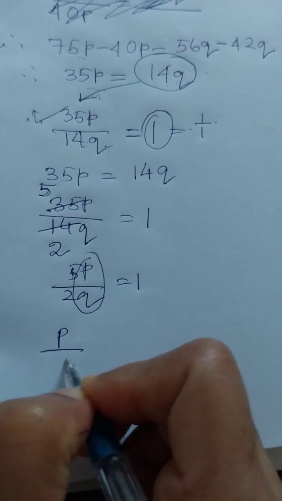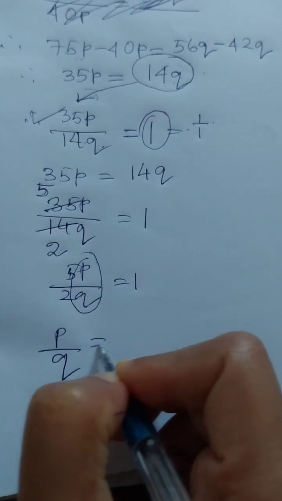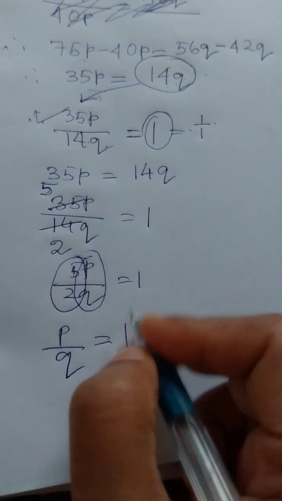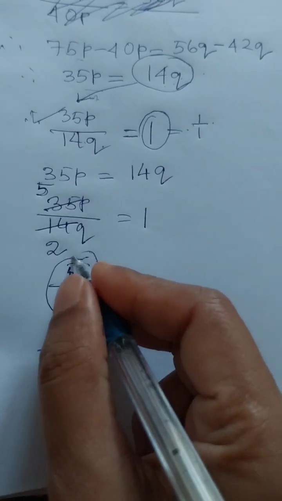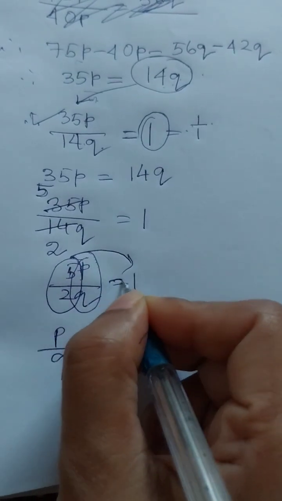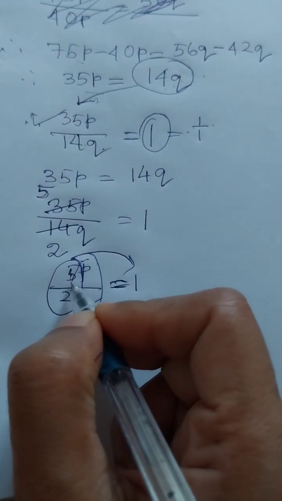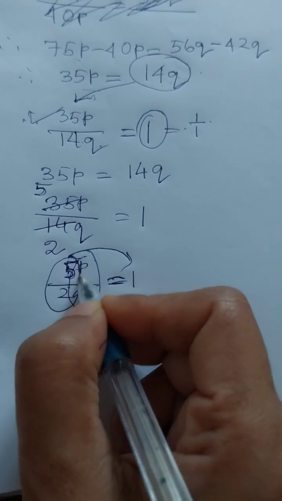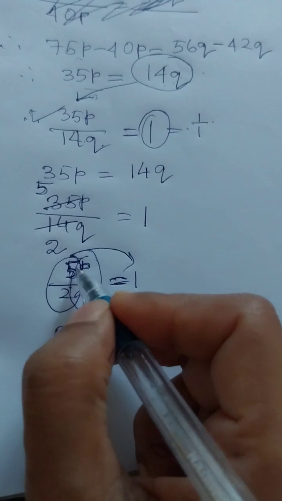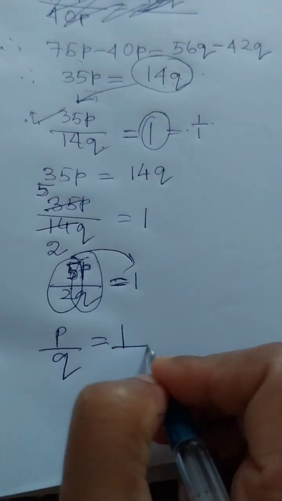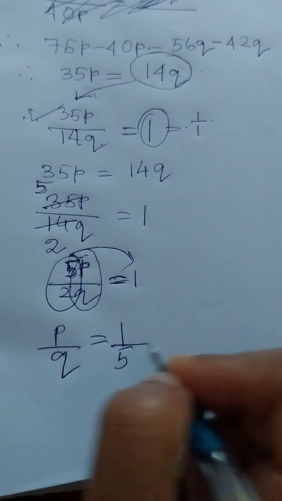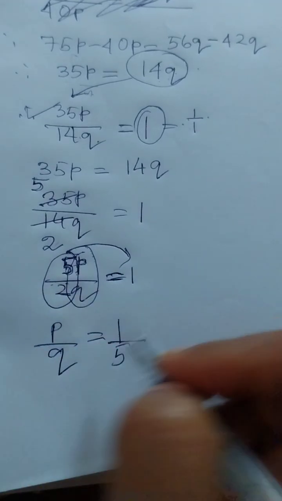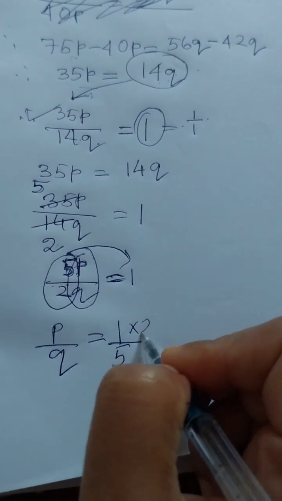Therefore we will leave p by q here, and this 5 over 2 we will take to the right side of the equal sign, and therefore it will change its nature. So 5 is here with p in a relation of multiplication, and it will go down here, and as 2 is attached to q, it will go up.